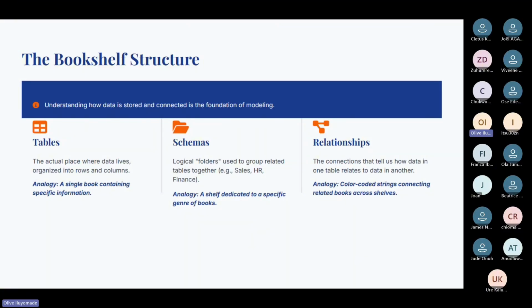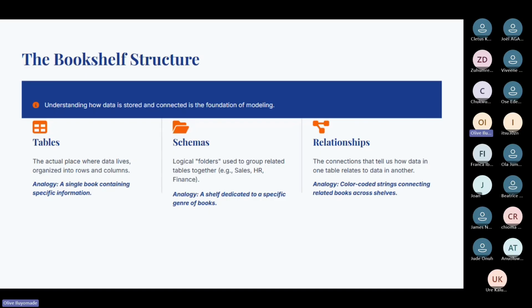Then we have relationships. In our data warehouse, we mentioned tables that are grouped together in a schema because they all have some kind of relationship. The relationships tell us how the data in each of these tables are connected.